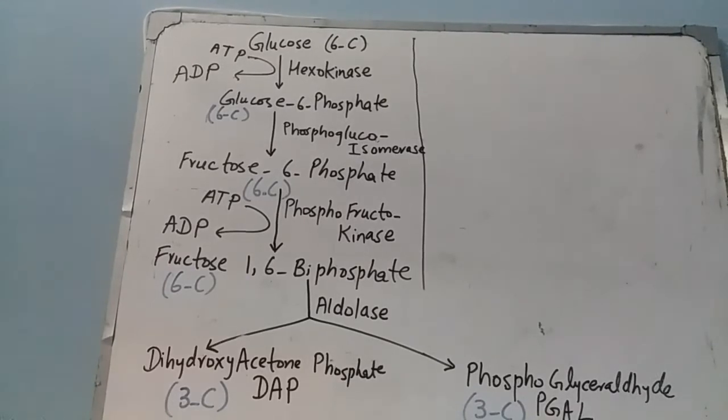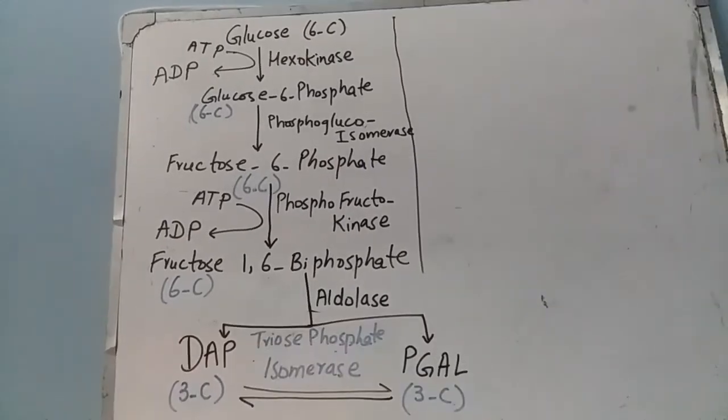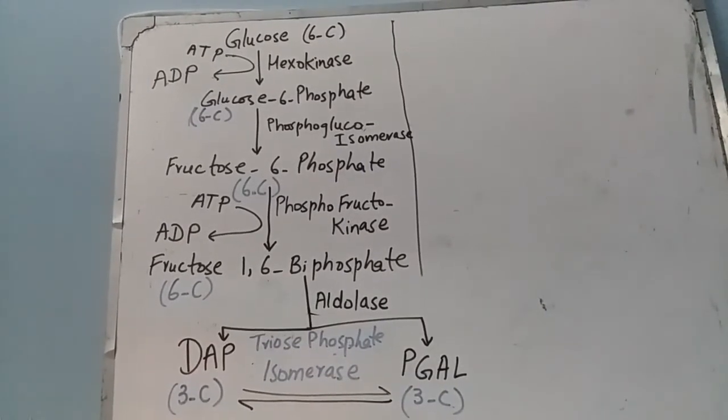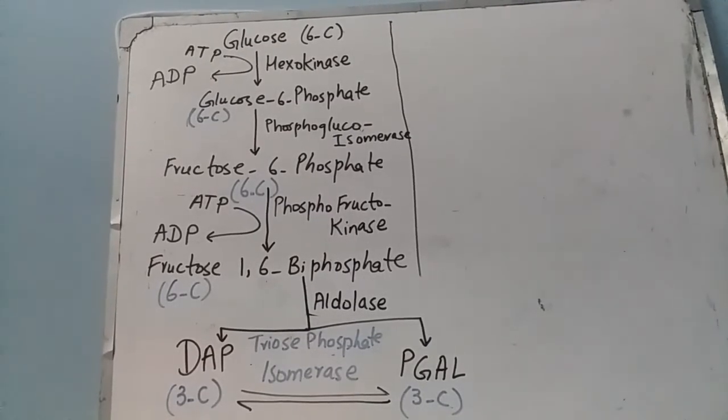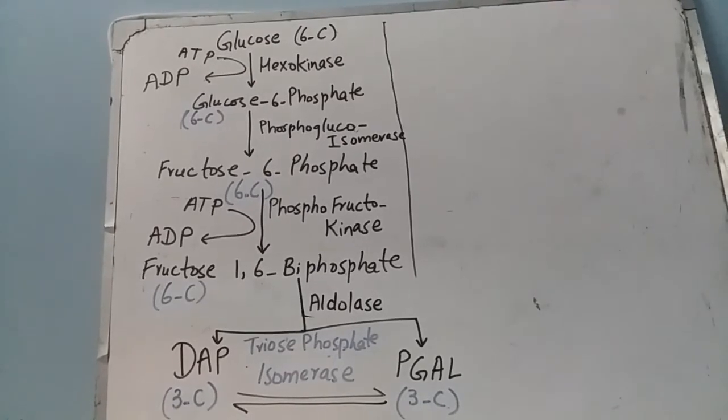Up to here it was the first phase of glycolysis, in which energy is required and energy is taken from the ATP molecules. DAP and PGAL are isomers of each other, and both molecules are interconvertible.